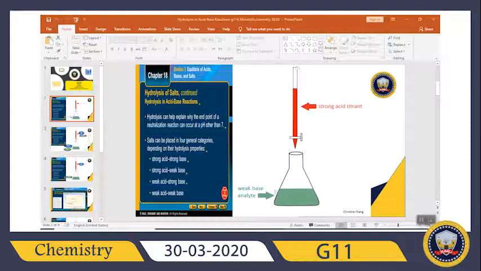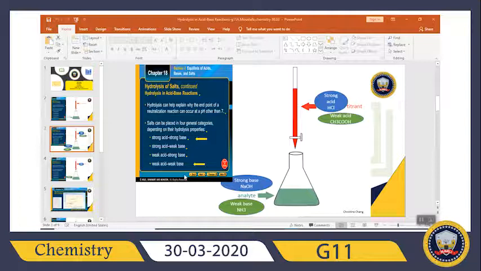We will add weak or strong base to this conical flask, and it's called analyte. And also we will fill the burette with a strong acid or weak acid, and it's called titrant. So we have 2 solutions, analyte and titrant.